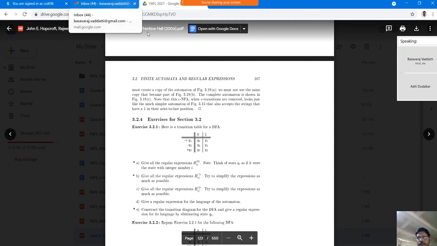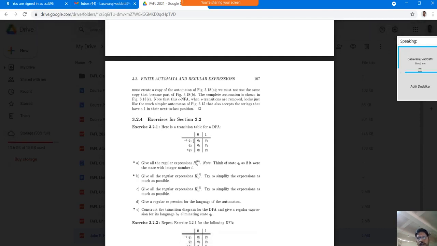Please take this transition table, then write a regular expression for each state, and the regular expression for the final state is the regular expression for the DFA. If you want, you can convert the transition table to a transition diagram and then write the regular expression. That is a simple one.